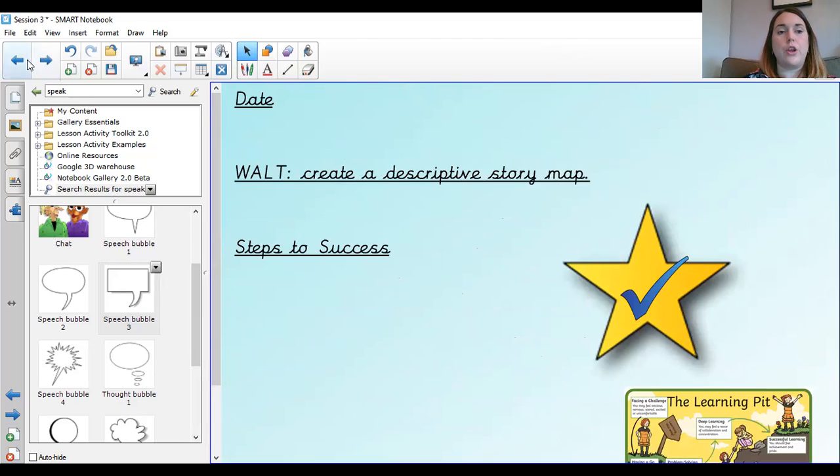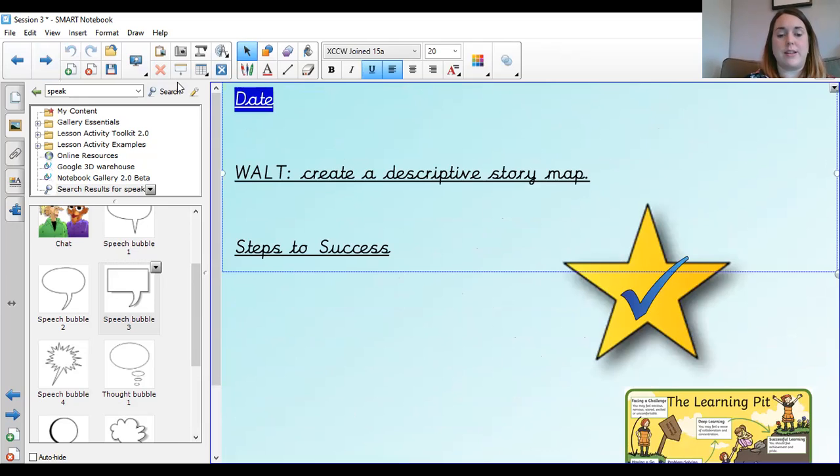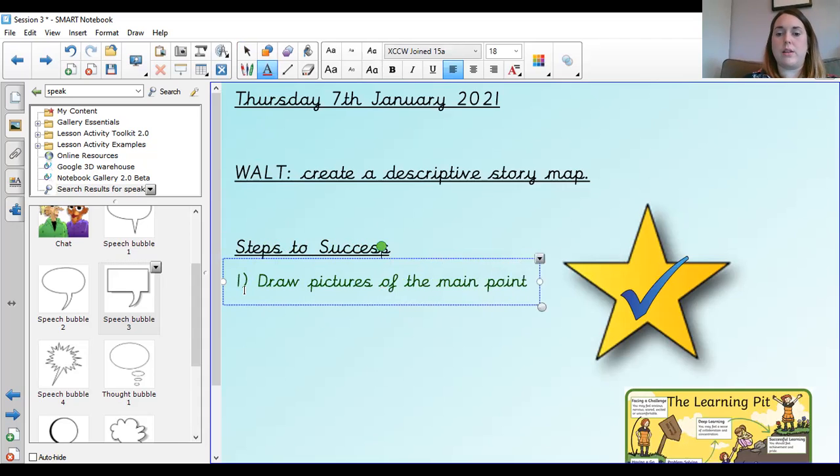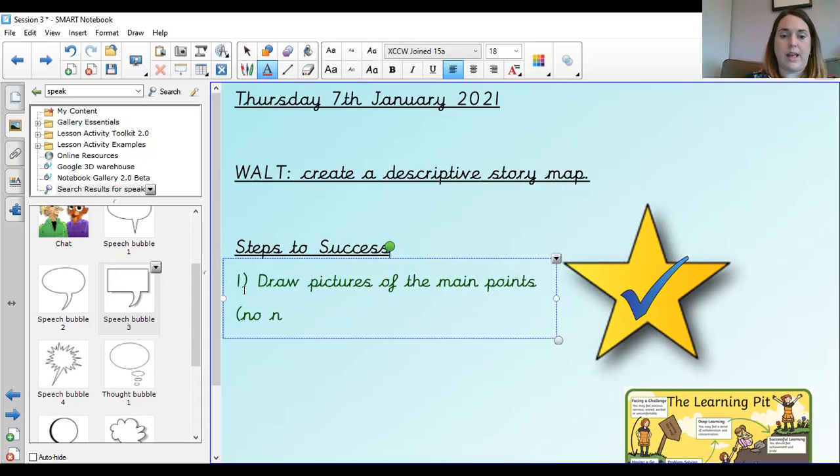So you need to make sure that you have written today's date, which is Thursday, the 7th of January, 2021, and today's WALT. Before you start, your steps to success are: draw pictures of the main points, no more than 10.